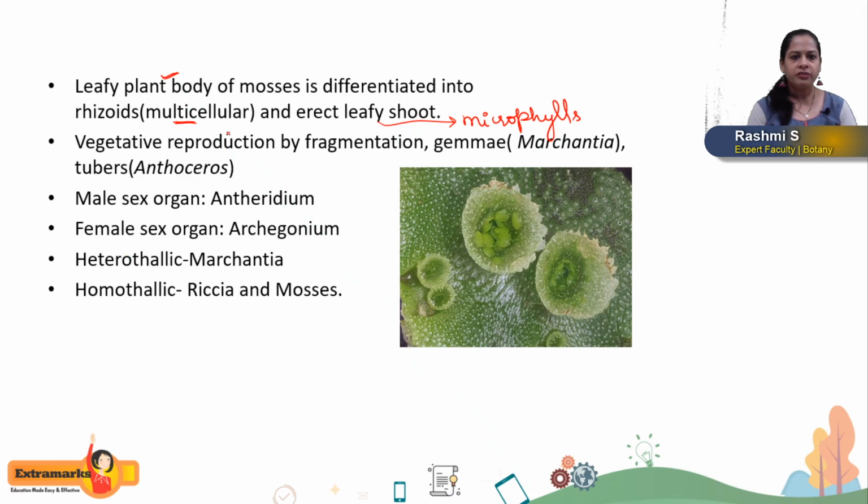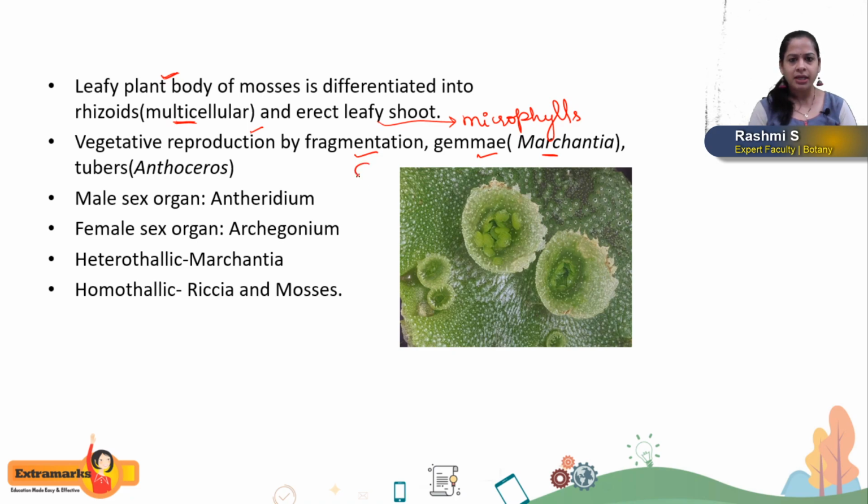They undergo vegetative reproduction by fragmentation of the thallus, and each fragment can give rise to a new plant body, or vegetative reproduction through gemma cups. So here in the picture you can observe the gemma cups which are present on the dorsal surface, that is the upper surface, of liverworts such as Marchantia, and each gemma cup has various gemmae.